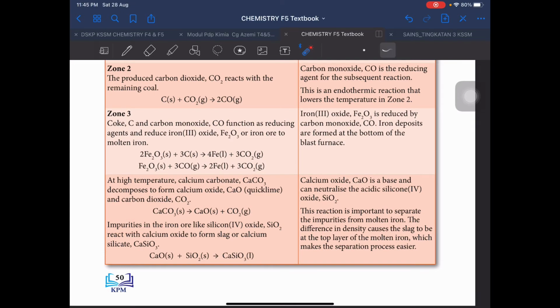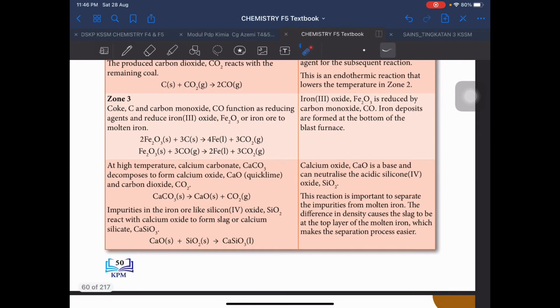Impurities maksudnya bahan yang kita tidak mau. Dalam iron ore ada impurities, benda asing.